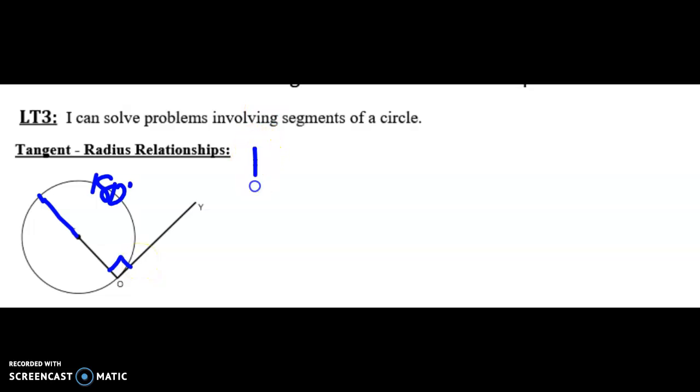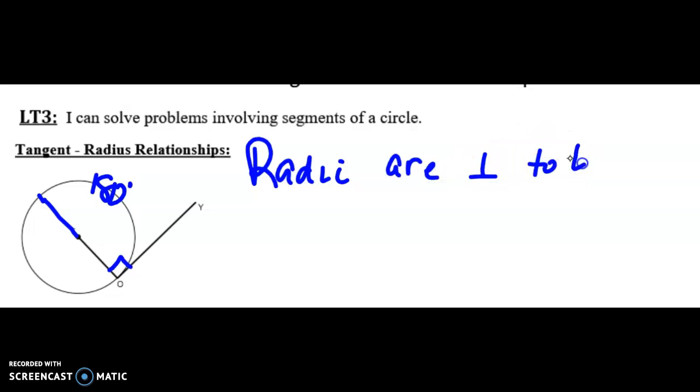So what we need to know and what we're going to use is radii are perpendicular to tangents at the point of tangency.